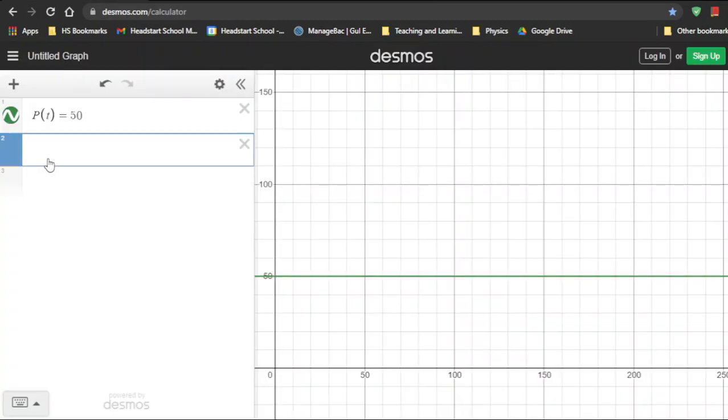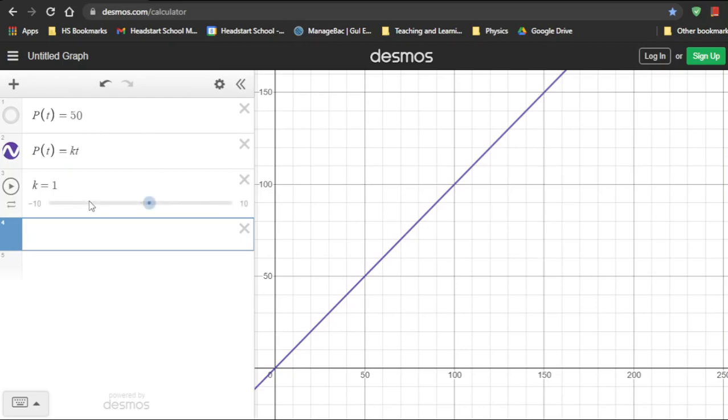So I will also call this the position graph. So I'm going to hide the previous one. This is the position of the car which is dependent on time, but in this case it is dependent on time in some way.